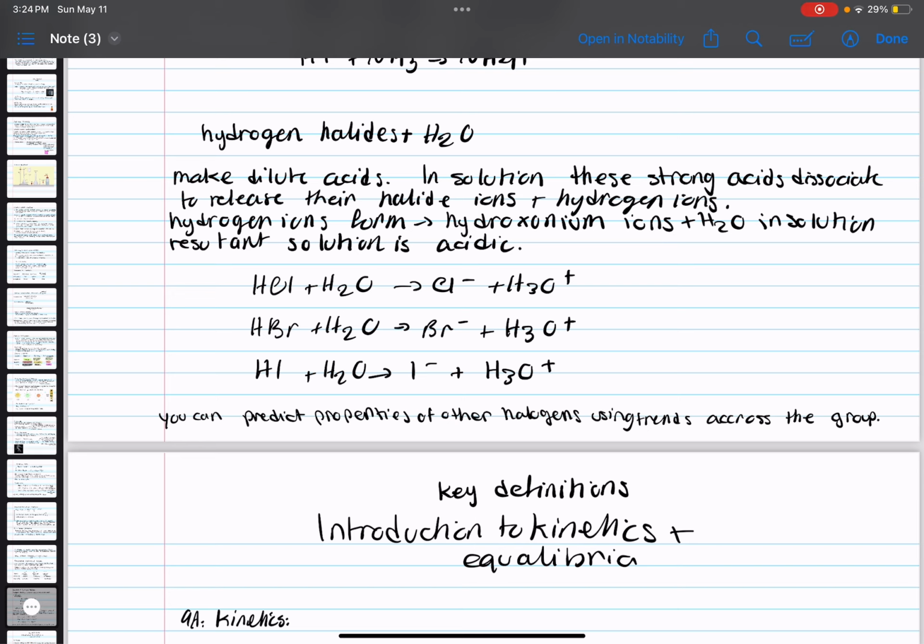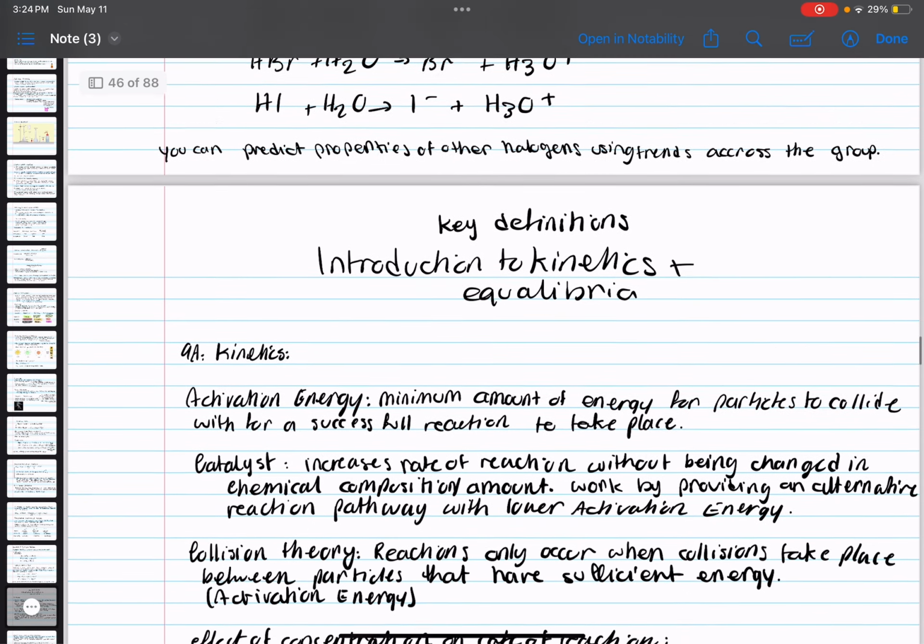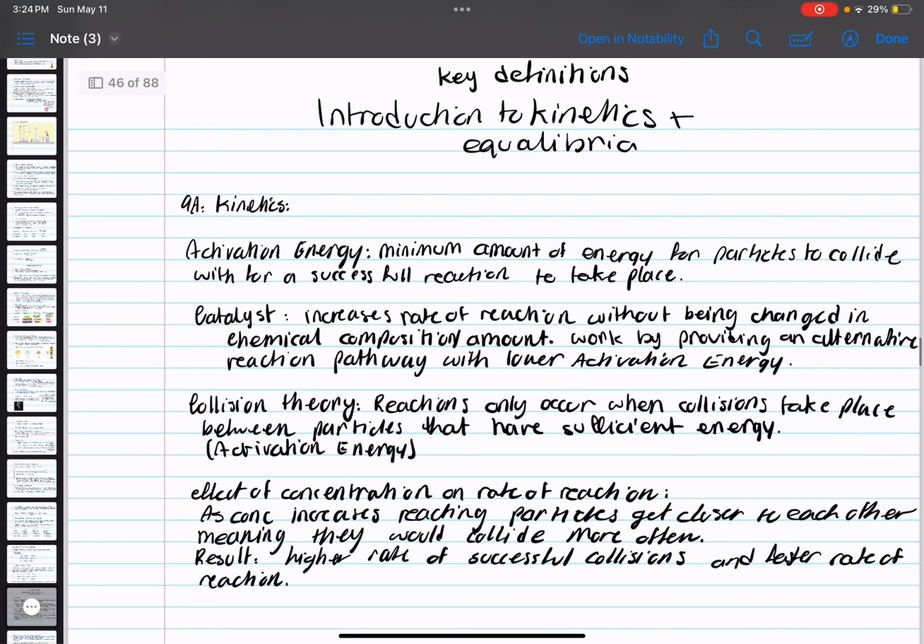The resultant solution is an acidic solution because we are adding extra H+. You can predict properties of other halogens using trends down the group. As you go down the group, they get more reactive, so you could predict it for astatine and for the other ones as well.